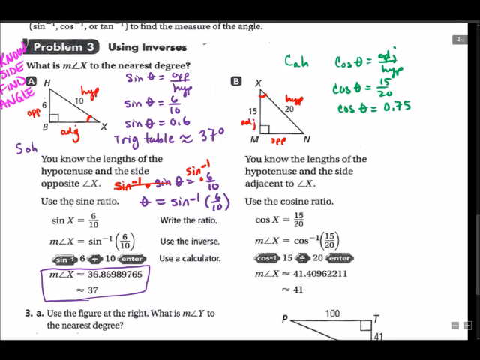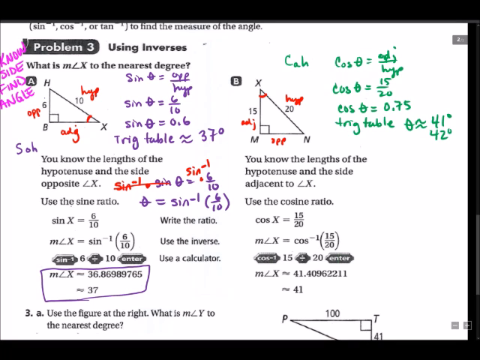You can go look at your trig table. And cosine of 0.75 is about 41.4, about 41 degrees, 41, 42 degrees on your trig table.